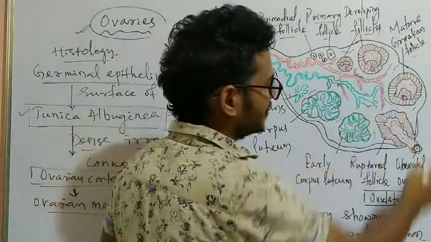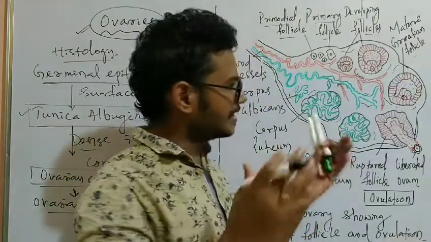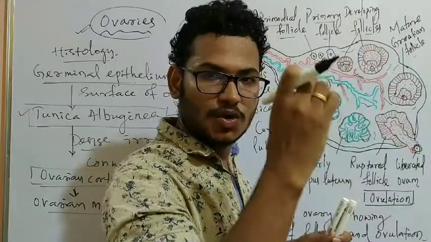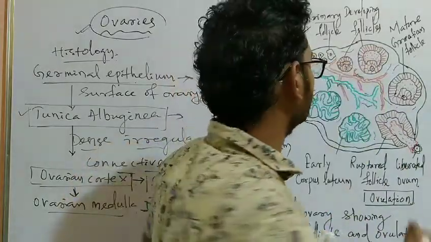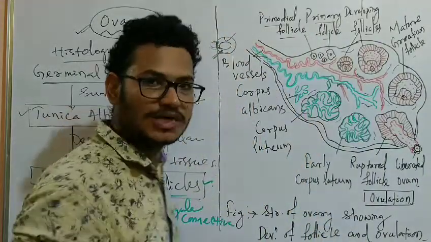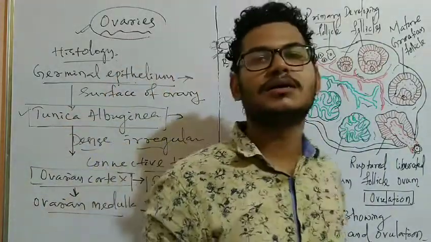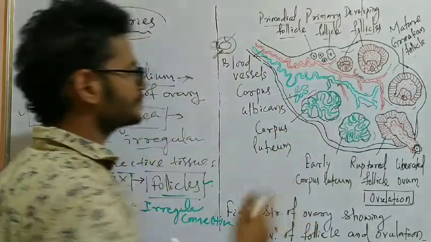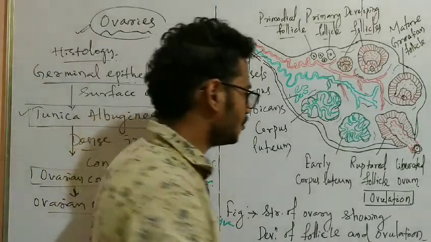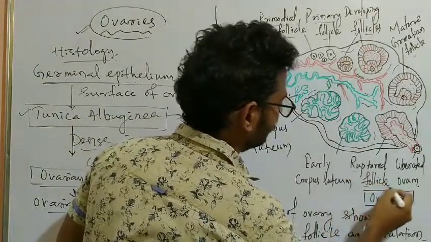In the mature Graafian follicle, after its formation, it gets ruptured, and the ovum or the secondary oocyte, we call it here, the secondary oocyte which matures inside the mature Graafian follicle, comes out, liberated out. This liberation is done by the rupture of the follicle.